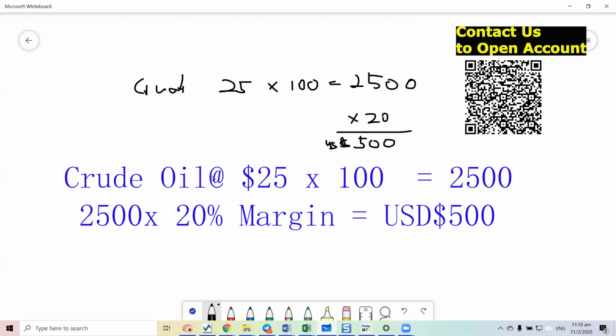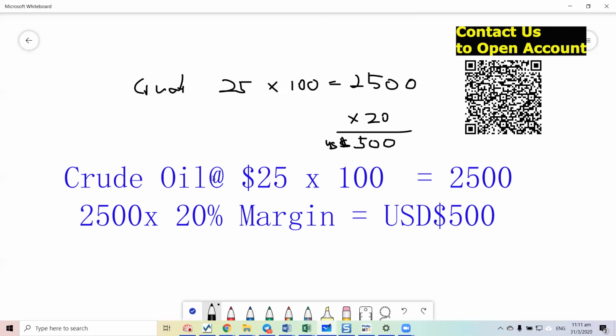For MT5, the position will still be there. It won't be liquidated. What you need to take note of is that we have this low equity policy. Your positions will only be liquidated when you are at 20% of your required margin. Meaning, if you top up $500 and then you lose $400 out of the 500, you have lost 80% already and you're just left with 20%, that is when the position will be liquidated.